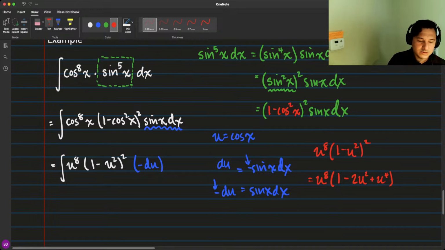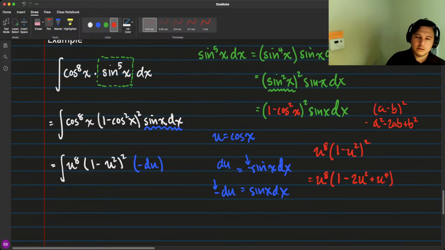I think that's right, because if you have a minus b quantity squared, you're going to get a squared minus 2ab plus b squared.